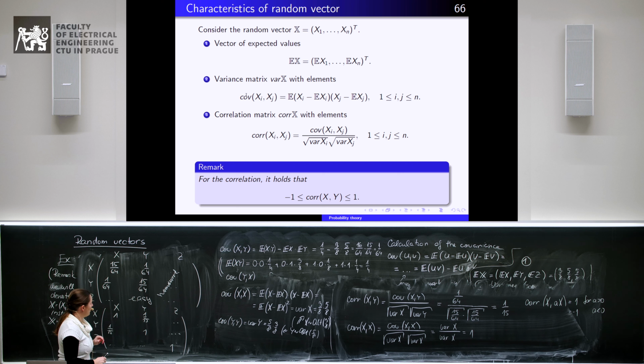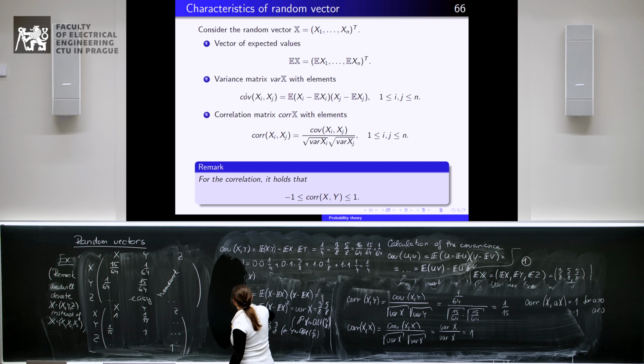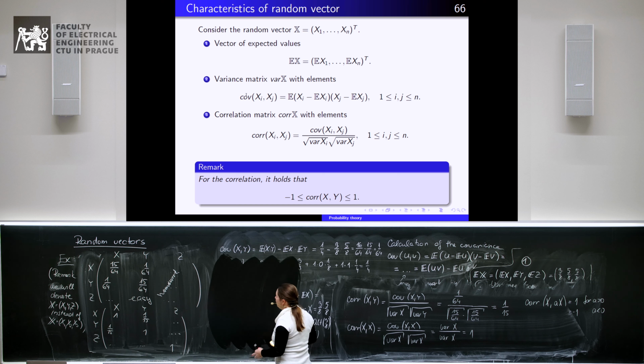The last thing which I forgot here is the notation of these matrices. When you open a book with covariance matrix and correlation matrix, you will find many notations.